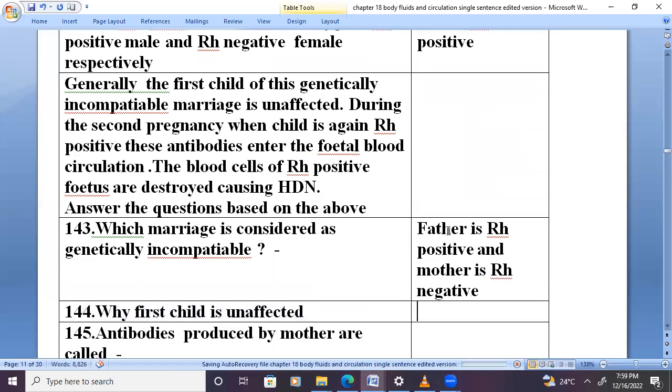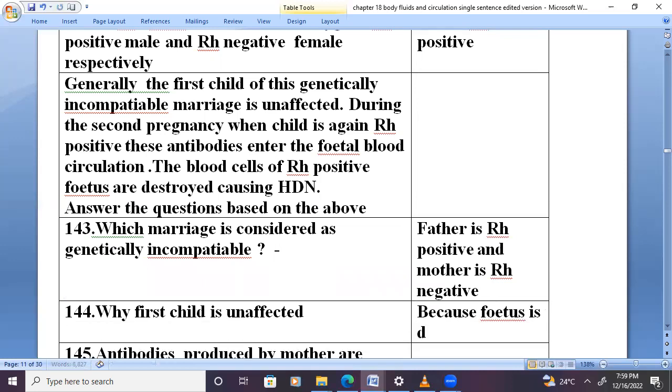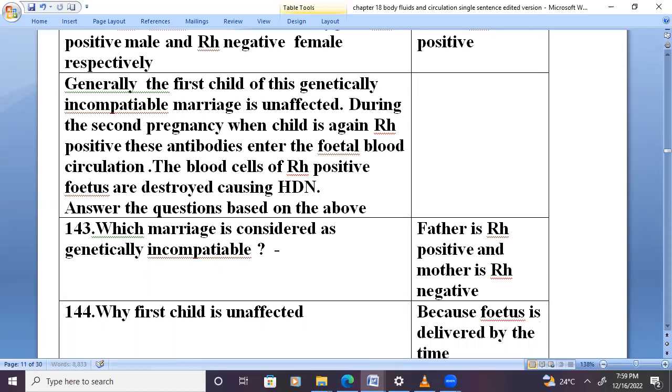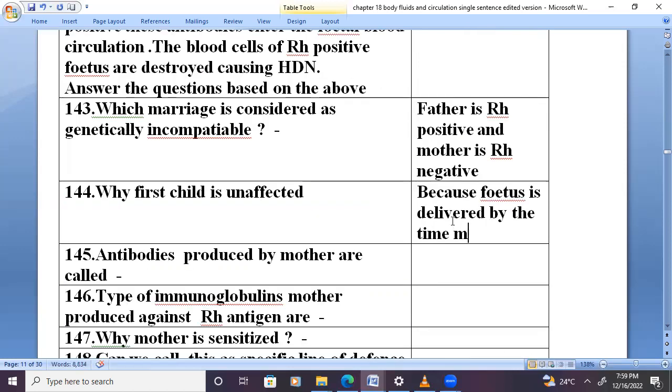Why is the first child unaffected? Because the fetus is delivered by the time the mother gets sensitized.